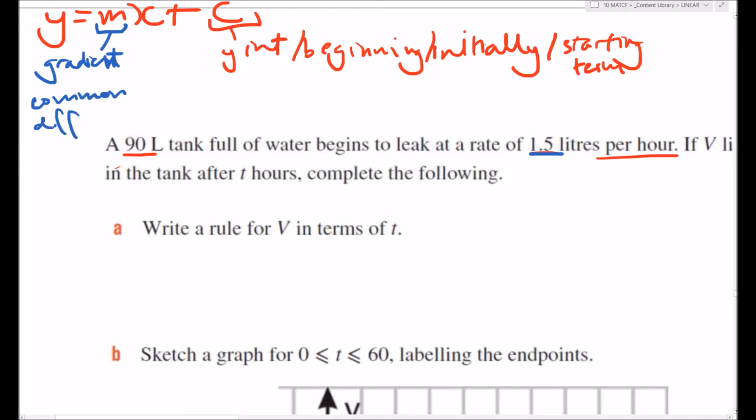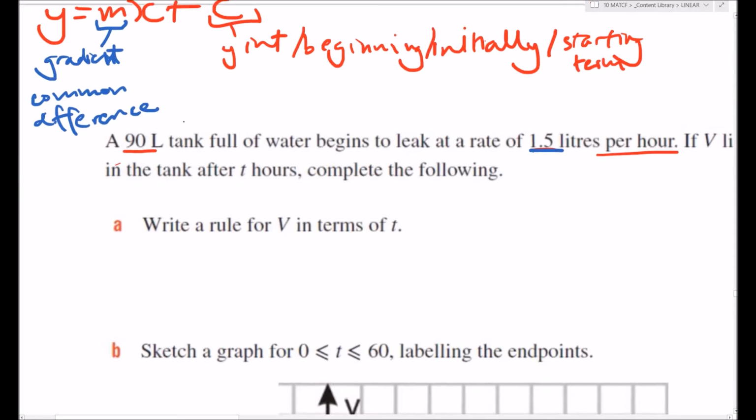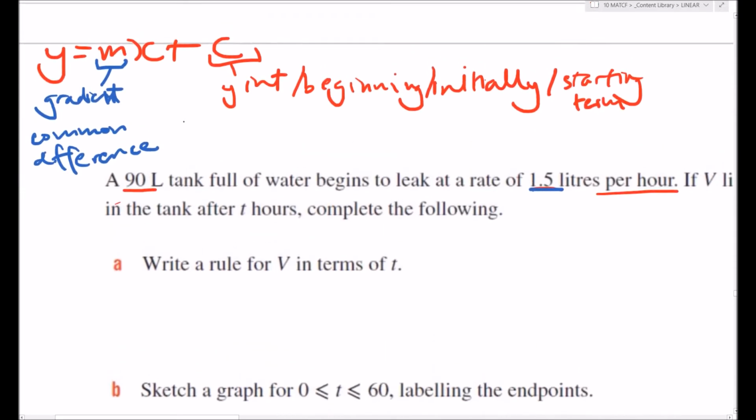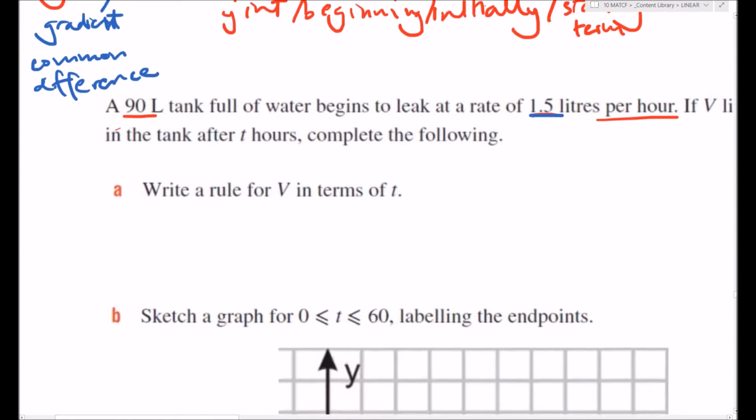There are a lot of similarities there with the question, but the gradient is the same as your common difference. So in this scenario here, we can see that we've got the information we now need to actually write down a formula. So this is our typical y equals mx plus c linear graph formula. We're going to use this to create our rule.